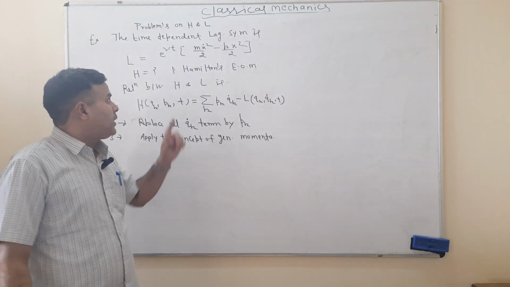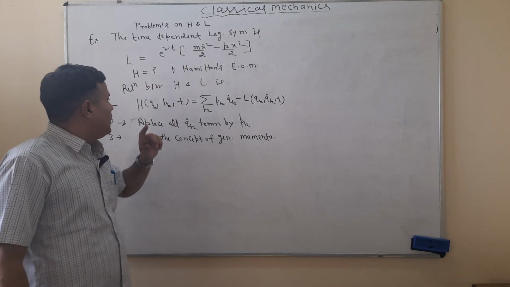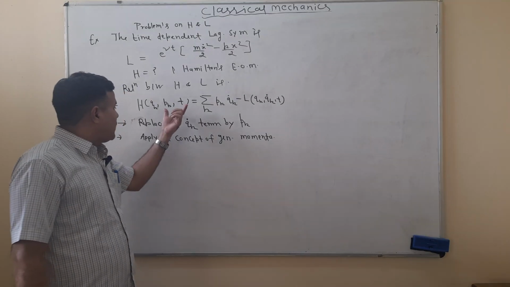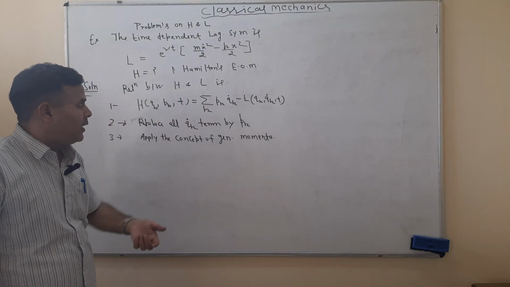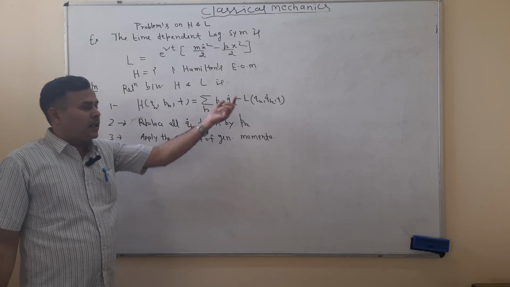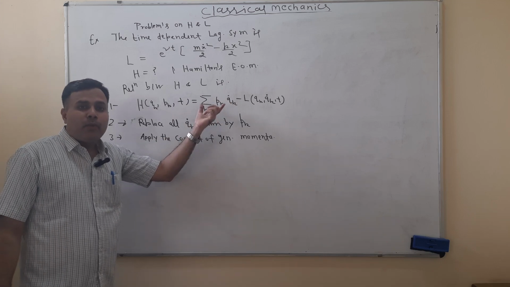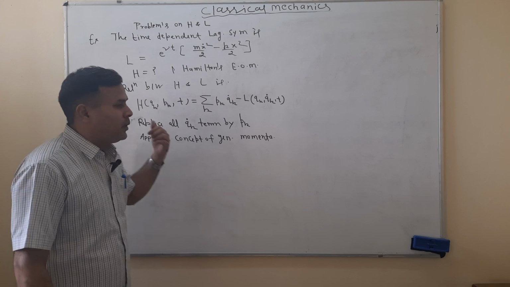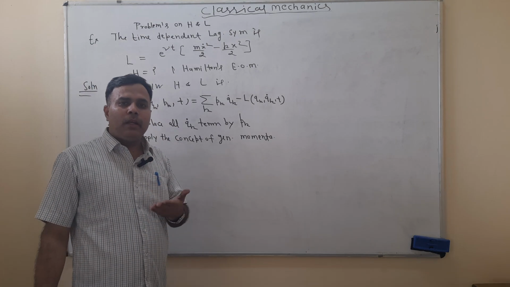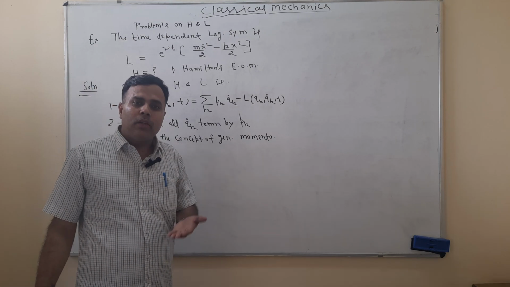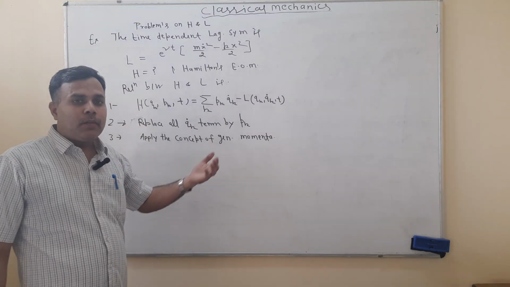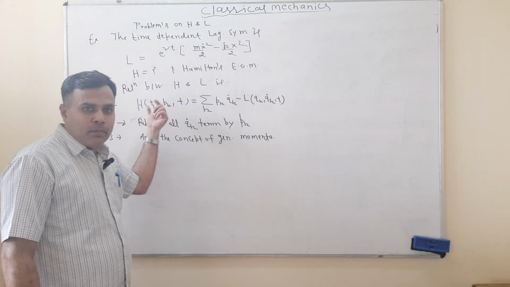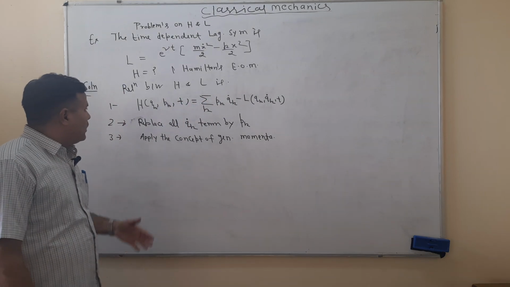Step 1: write down the expression of L in generalized coordinate, generalized velocity and time. Then write down the relation between h and L. This is a very important relation, because with its help you can find the expression of h for a given L, and the converse is also possible, because we can find the expression of L for a given h by rearranging this expression.